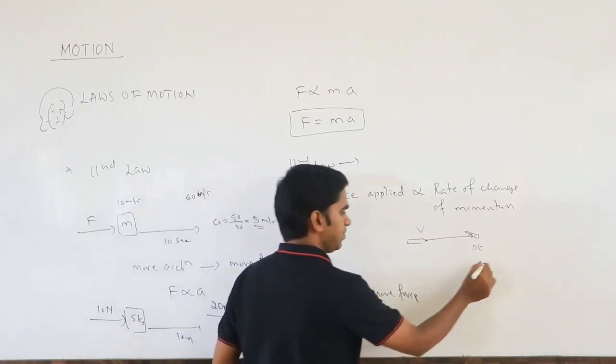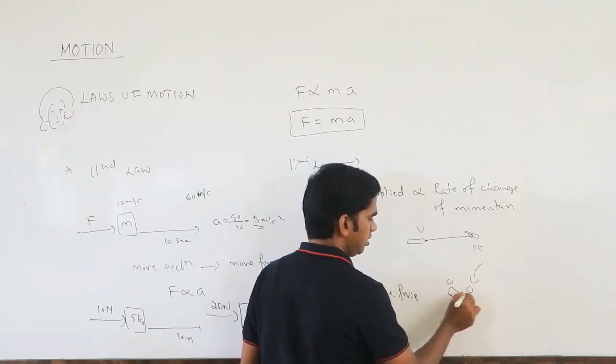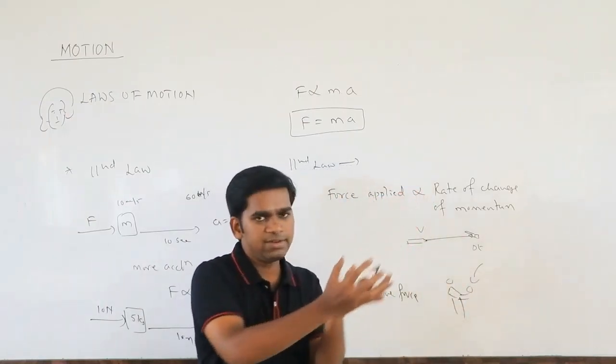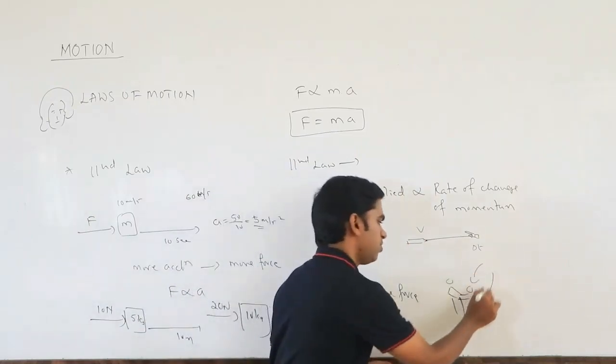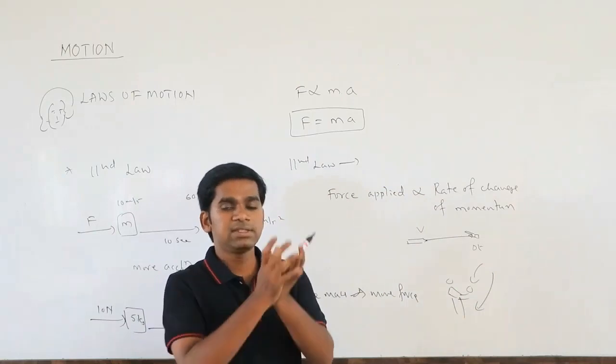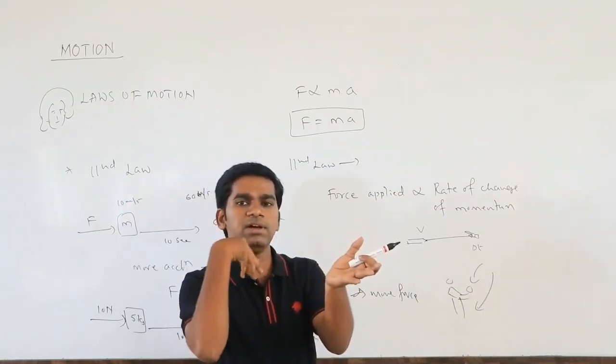Instead, if a person is playing cricket and gets the ball to catch, what will he do? He will take it for a longer distance before holding the ball. Why? It is coming with speed. If you suddenly hold it, it will hurt you more.